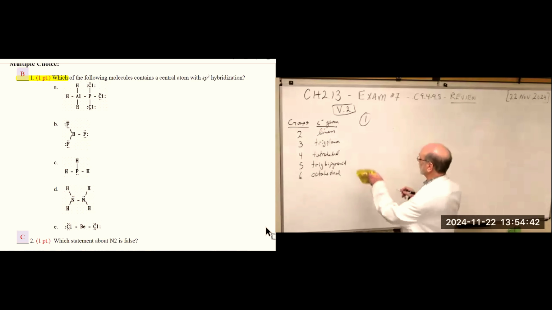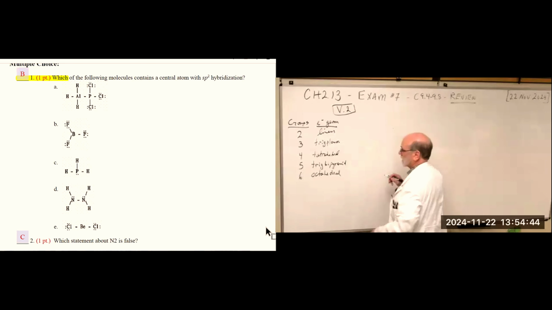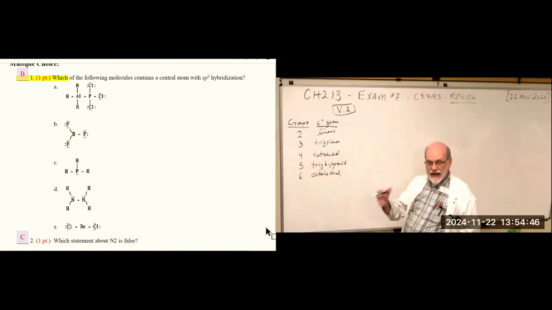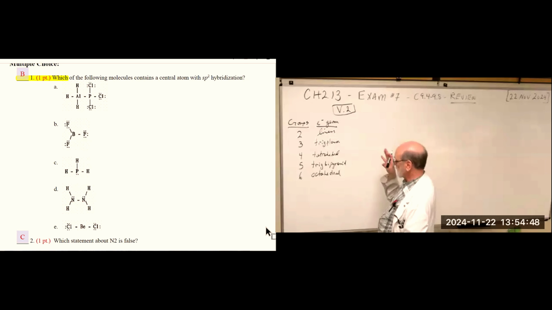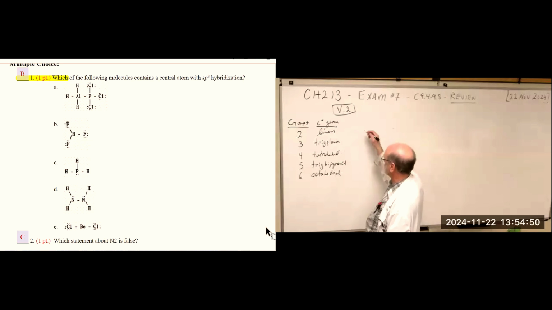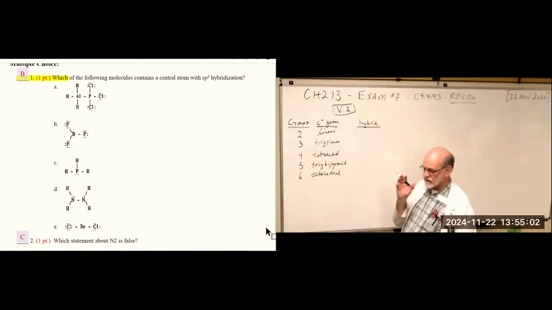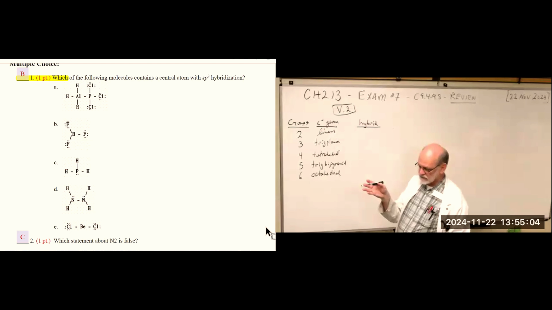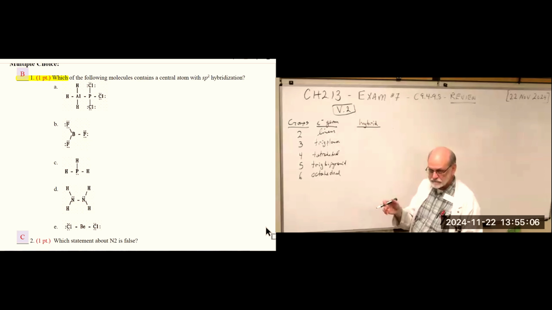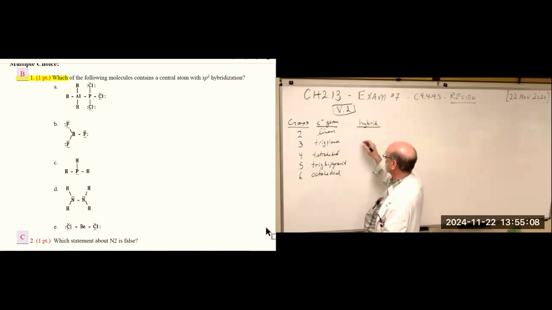Let's see, I'm going to make some room over here. Now, as far as the hybridization goes, to accomplish these geometries, you do the hybridization first before you look at the molecular geometry. So the hybridization for linear is simply sp.